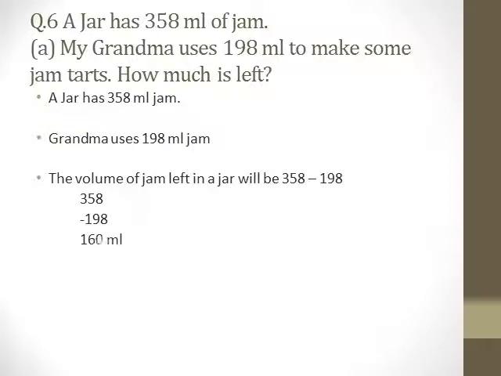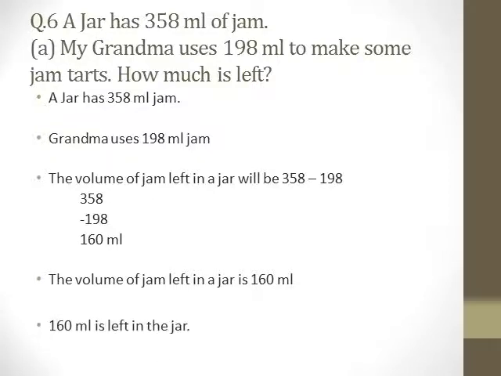So you can check, the answer is 160 milliliter. 8 minus 8 is 0, 15 minus 9 is 6, 3 is now 2, 2 minus 1 is 1, so it is 160 milliliter. I can say the volume of jam left in the jar is 160 milliliter. They are asking how much is left, so I will say 160 milliliter is left in the jar.